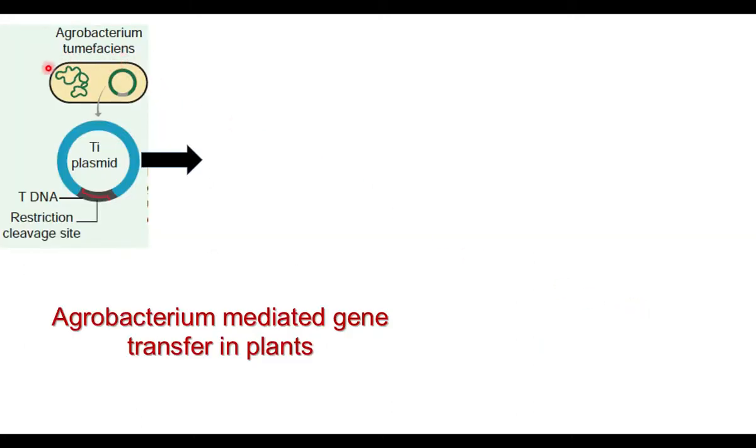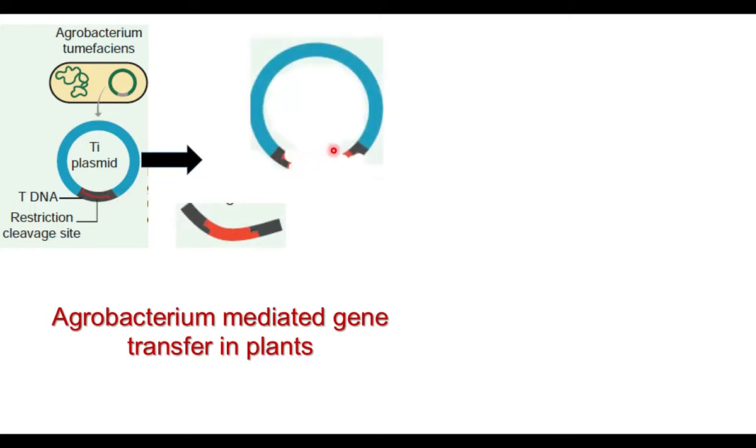This is Agrobacterium, this one is genomic DNA, this is the plasmid. The plasmid is taken out and opened by restriction enzymes, cut by restriction enzyme to remove the unwanted sequences. In that place, the foreign gene or gene of interest is inserted.